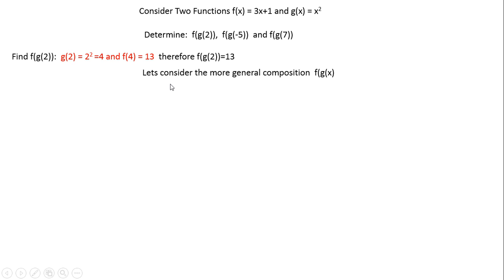But I want to consider a more generalized composition. Rather than just work with numbers, let's work with the functions themselves. What if we were asked, what is f of g of x?